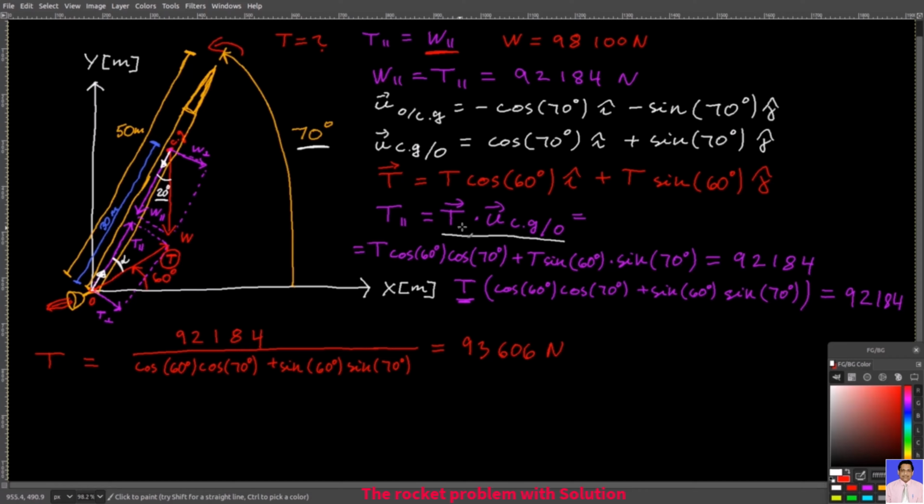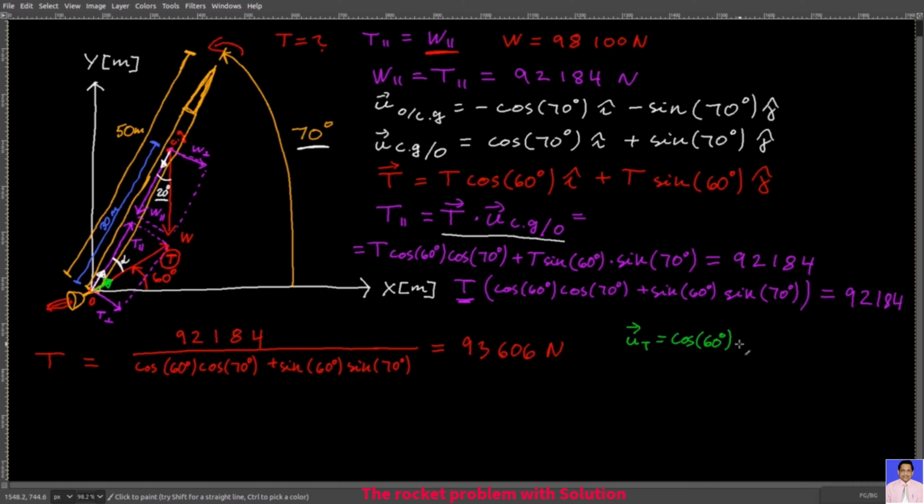Now, it's important that you understand the difference between two things. Here, we had the thrust vector dot this unit vector here, which points in another direction. And as a result, you obtain the component of the thrust vector along this unit vector. But now, let me obtain another unit vector in the direction of the thrust vector.